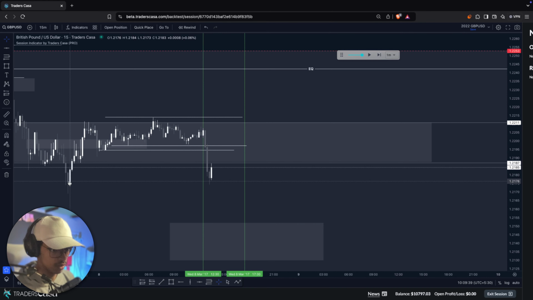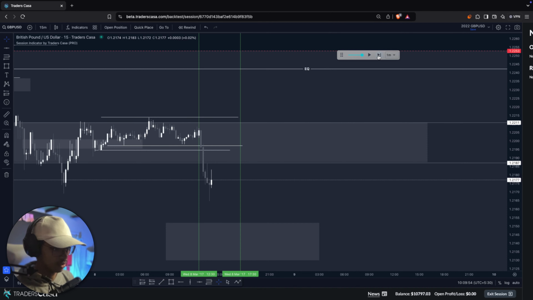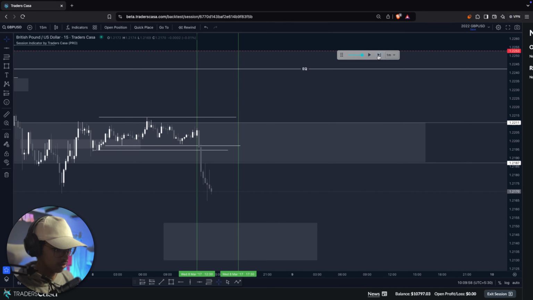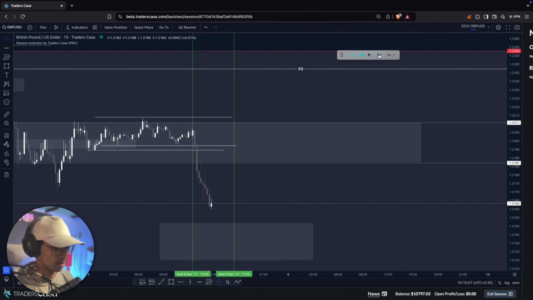So this low didn't get broken. Remember this, it has not been broken yet. Let's see if it gets broken or not. Okay, this low gets broken, right? If the market comes back to that change in state of delivery point, I don't think it will come back.